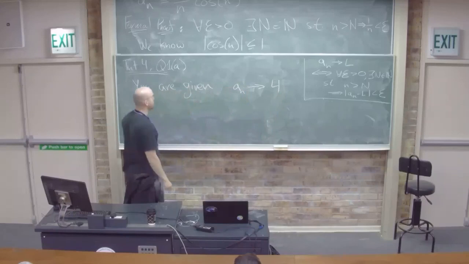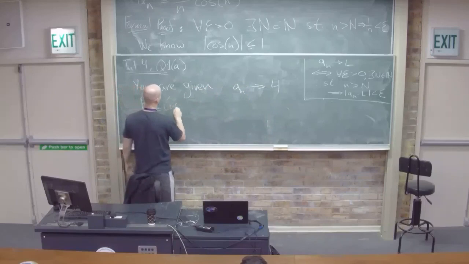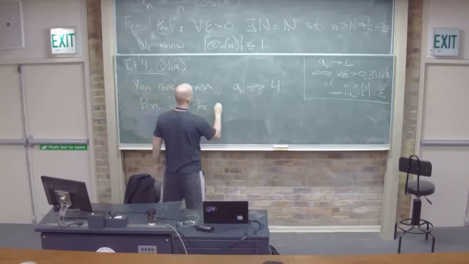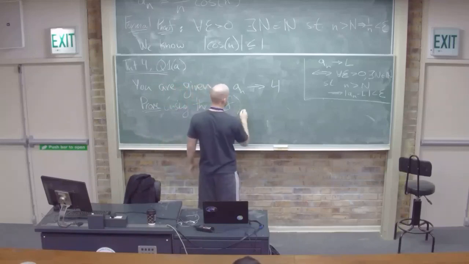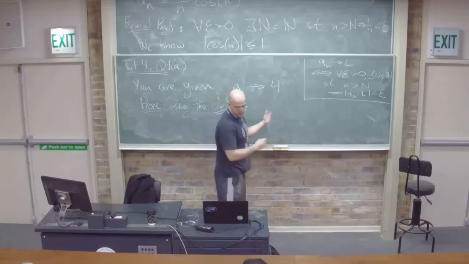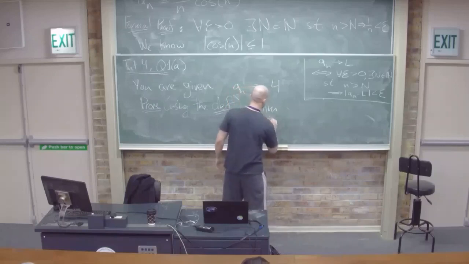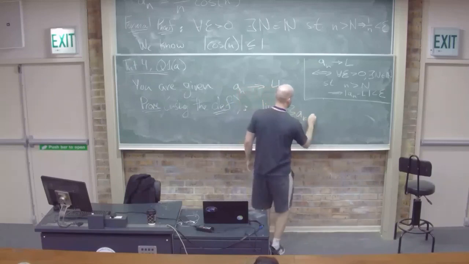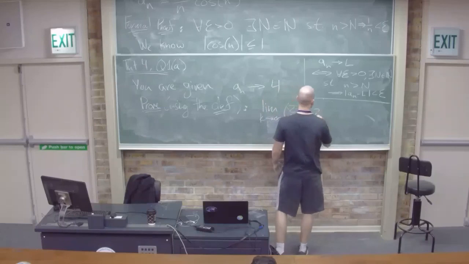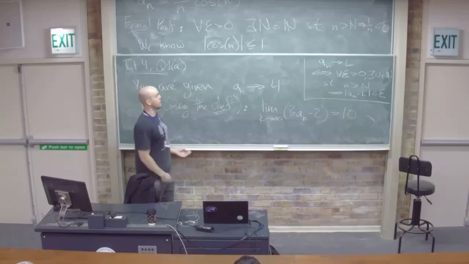Now prove, using the definition, that, and they give you a bunch of different things to prove, but say the first one they give you in part A is the limit as k goes to infinity of 3ak minus 2 equals 10. Okay? So now this is slightly more complicated, right?